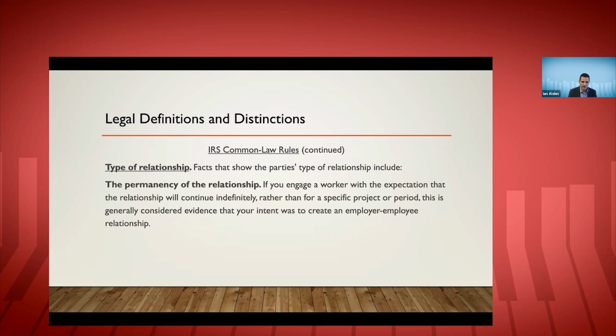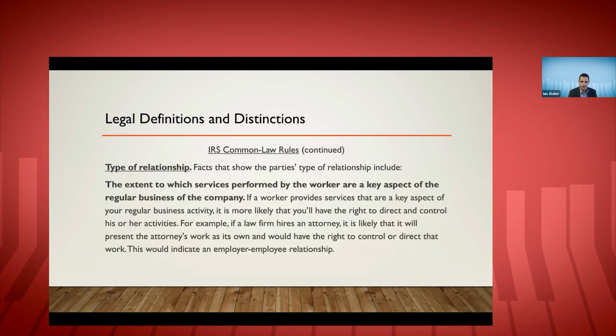And then again, the permanency of the relationship. If it's permanent, of an indefinite duration, it suggests employment. And the extent to which services performed by the worker are a key aspect of the regular business. Again, this is part B of the ABC test.